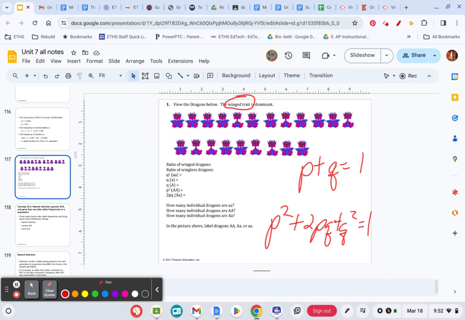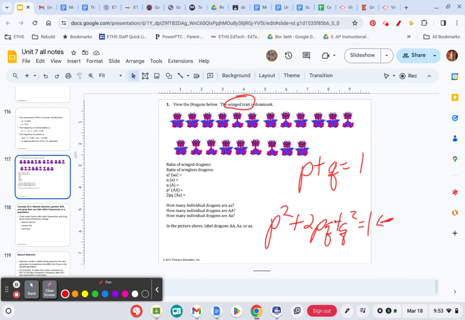It's not just P, because we're talking about their genotypes. So you're talking about individuals, and whenever you're talking about individuals, you're going to be talking about this equation here. So it's not P, but you're close. P squared is part of it, and 2PQ.